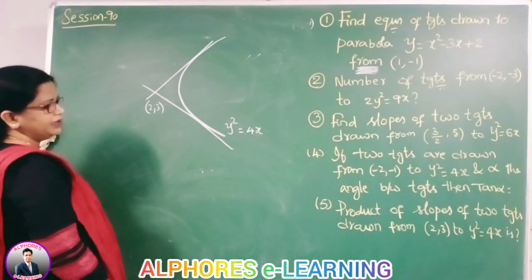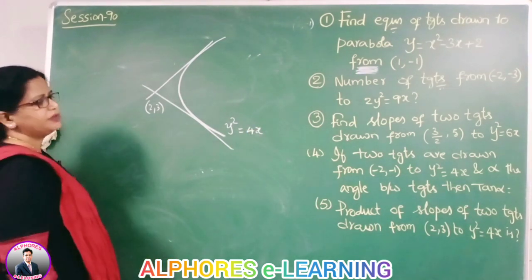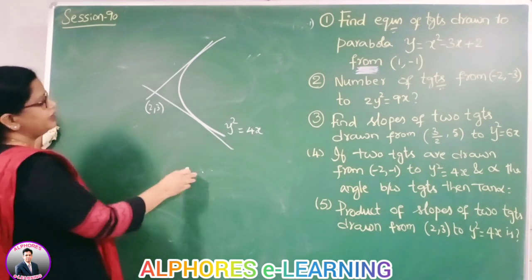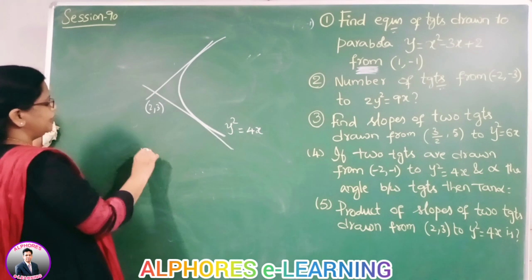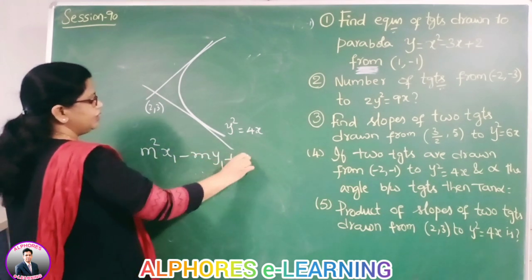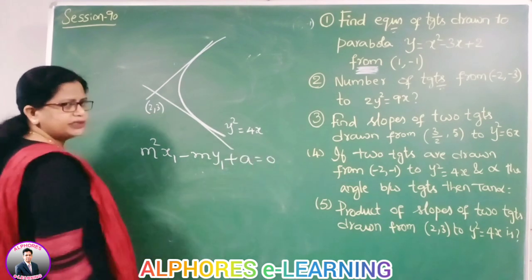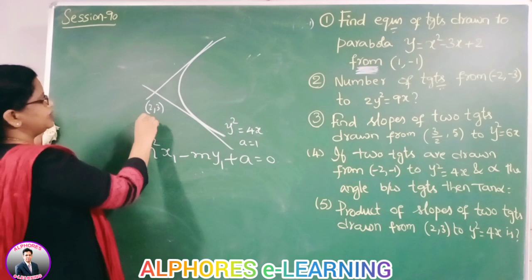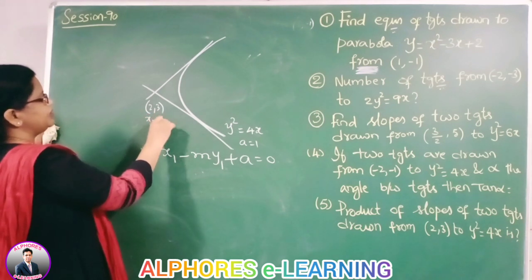Now they are asking what is the product of slopes of the two tangents. Again, students, make use of the formula: m square x1 minus m y1 plus a equal to 0. In this problem a is 1, 4a is 4, x1 is 2, and y1 is 3.